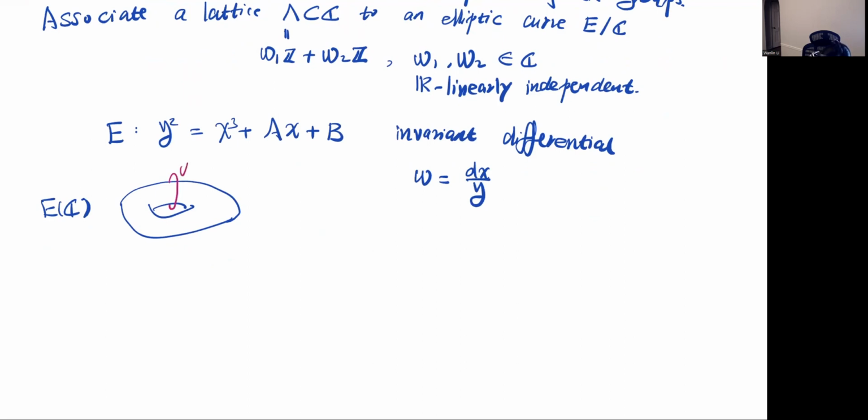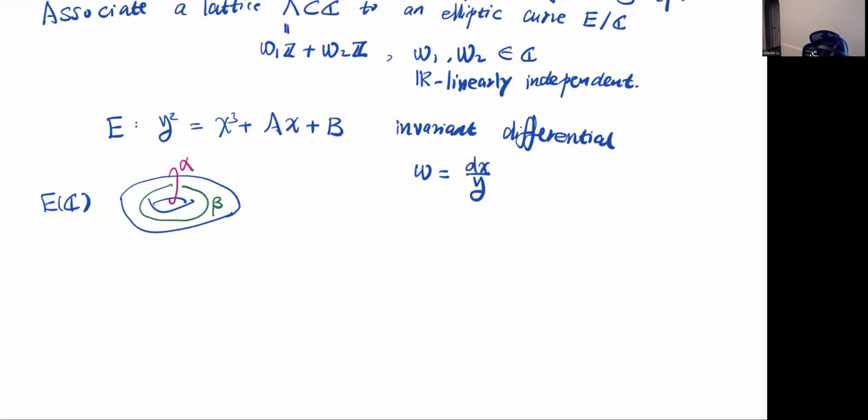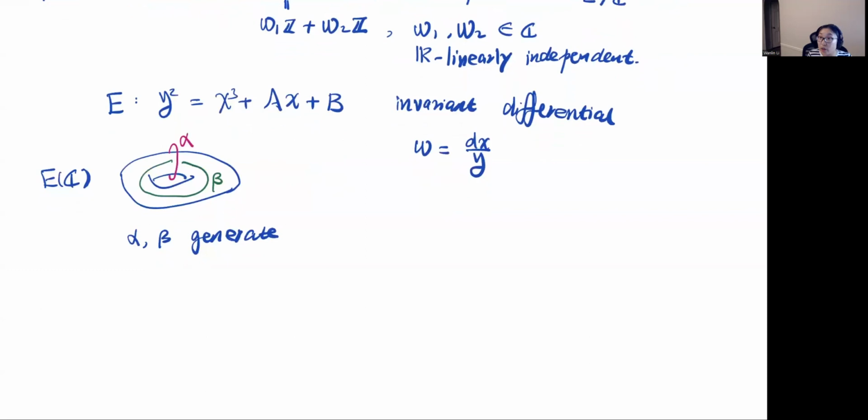So this loop, let's call it alpha, and this loop, let's call it beta. The point is the loops alpha and beta generate the singular homology of my torus, so they generate H1(E(C), Z), the singular homology, right?